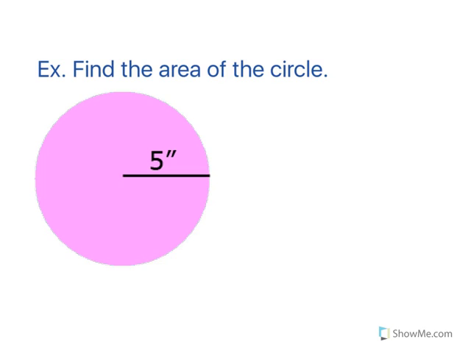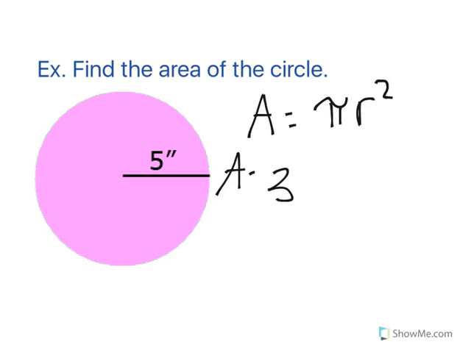So let's do some examples. Find the area of a circle. I'm going to say area equals pi times my radius to the second power. I know pi is 3.14, and in this example, my radius is 5, and that's to the second power.